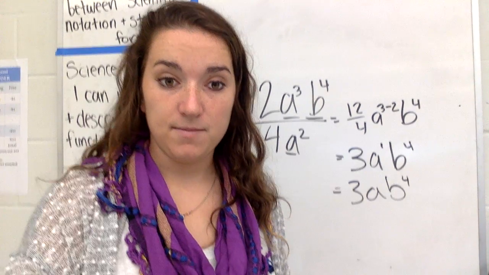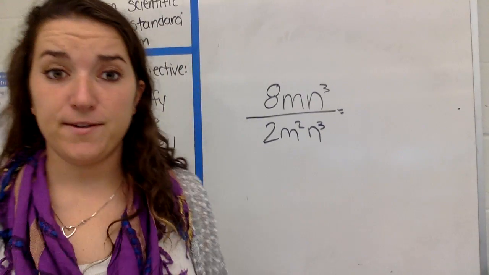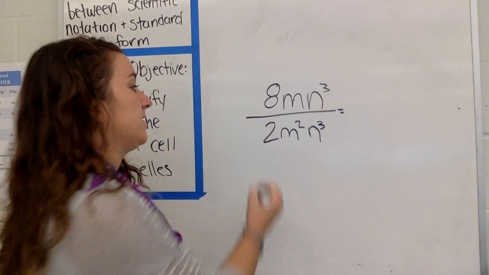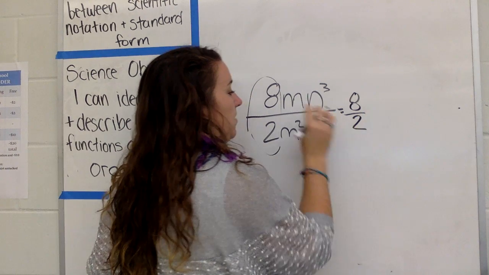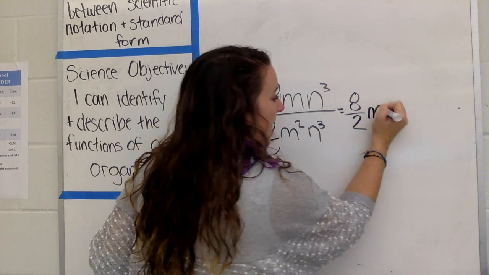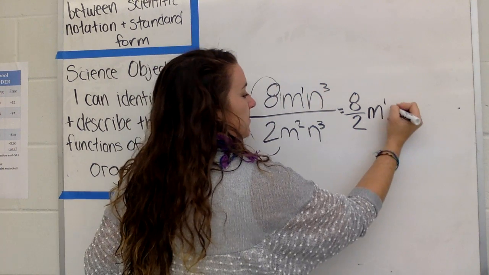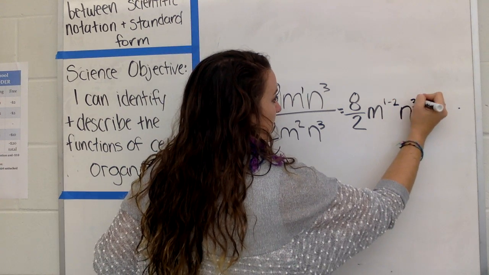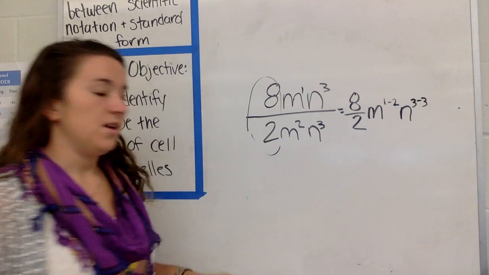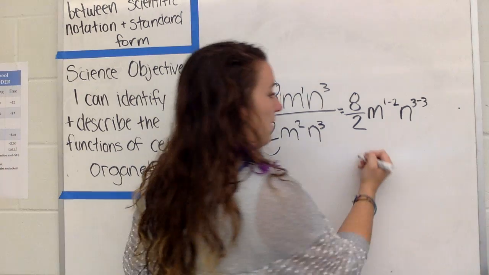Try the next problem. All right, now that you've given it a shot, let's go over the answer. First thing we'll do, take out our numbers. We have 8 over 2. Now for my m's, I have m to the 1st power minus 2, and then I have n to the 3 minus 3. So when I simplify my numbers, I'll get 4.